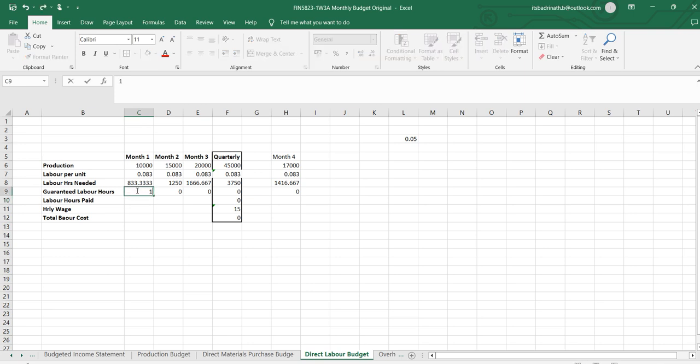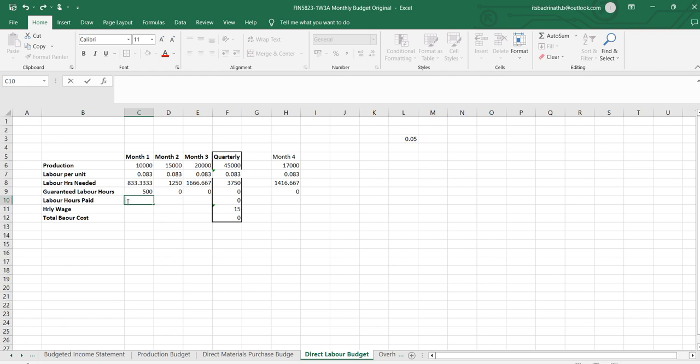For example, if this is 1,000 and this is 833, but we have the resource available for 1,000 hours, we are supposed to pay for 1,000 hours. If this is 500, but we need at least 833 hours, we definitely use it for 833 hours, so you are supposed to pay for 833 hours. Among these two, whichever value is higher has to be taken.